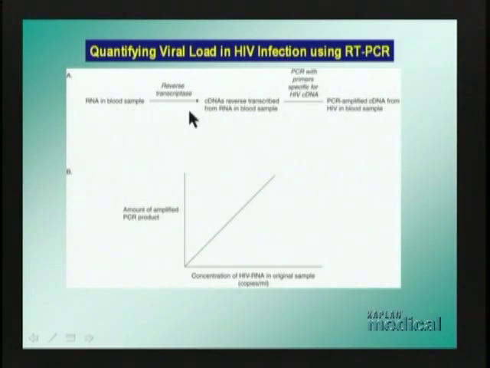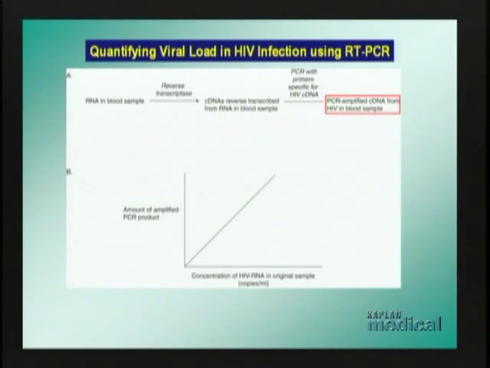And then you take the complementary DNA and PCR amplify the cDNA, and now we would have PCR amplified cDNA. So in a test tube, we take somebody's RNA, add reverse transcriptase, and make cDNA, then amplify that cDNA by PCR. Now the question is, what is the viral load?